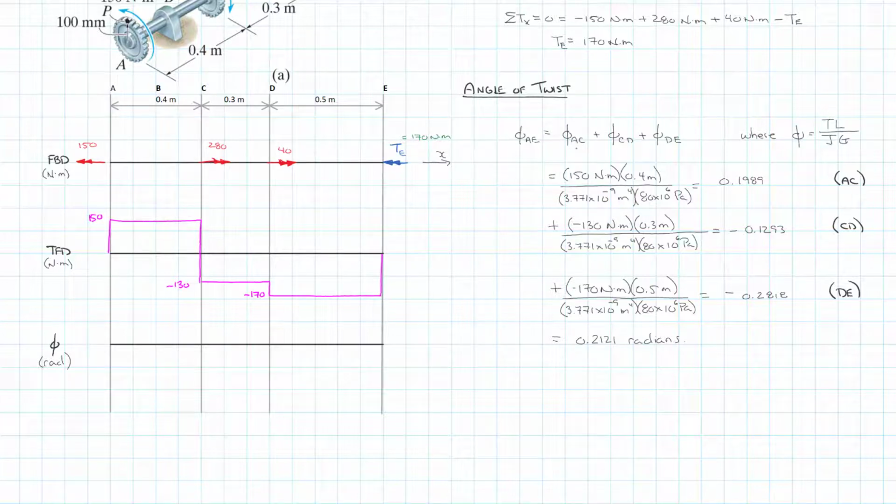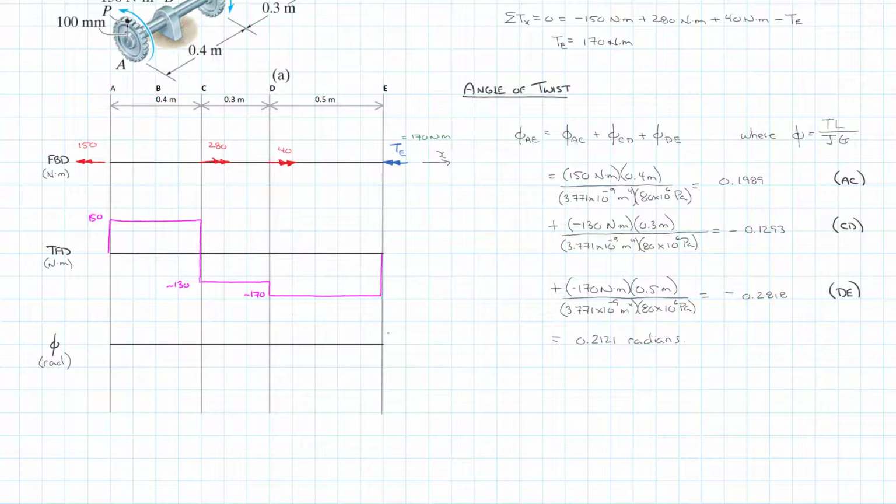A to C is a positive angle of twist. So if I was drawing it the other way, it would go kind of negative. So for example, I'm starting at 0 at my support at E, and D to E would be negative 0.2818. So I'm going to have to be going up to go from E to D. And so that's just a little quirky thing to watch as we draw these up.